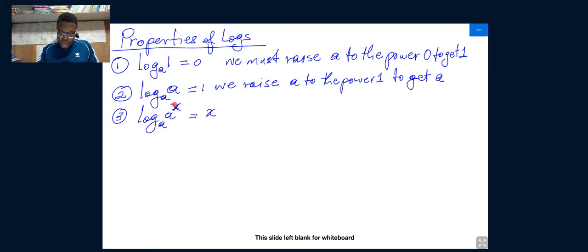It means we are having a to the power of x in order to get a to the power x.